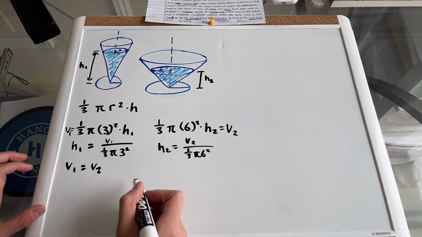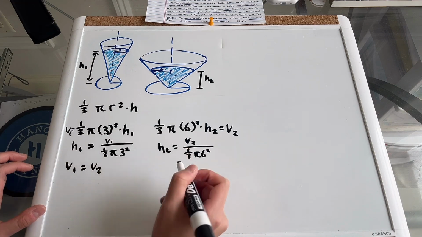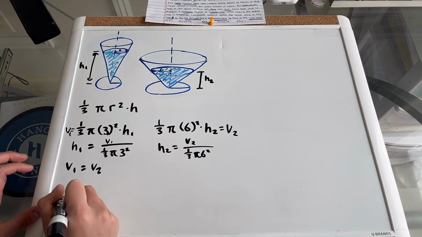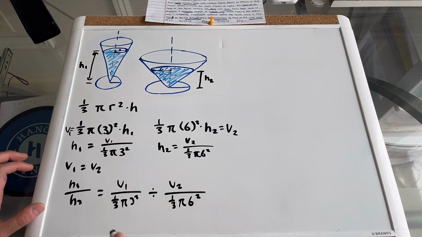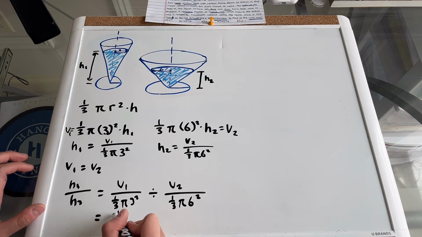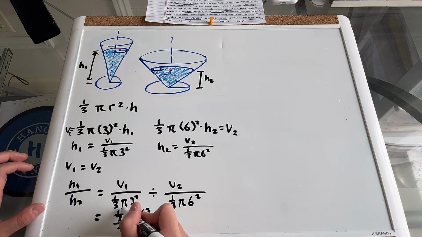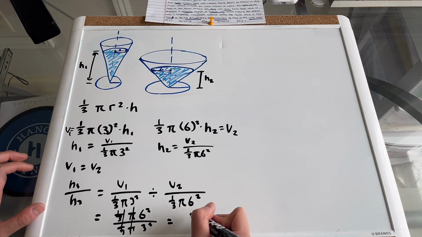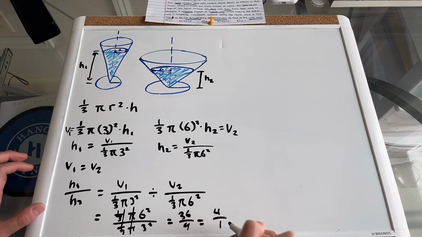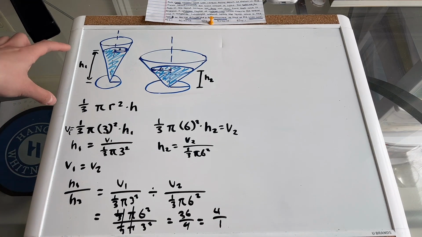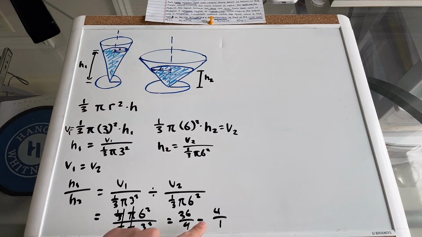If we put h1 over h2, then we can simplify this further, and we can cross out the 1/3 and pi's because they cancel out. This would equal 36 over 9, which equals 4 over 1. So the ratio between the height of the first cone and the height of the second cone is 4 to 1.